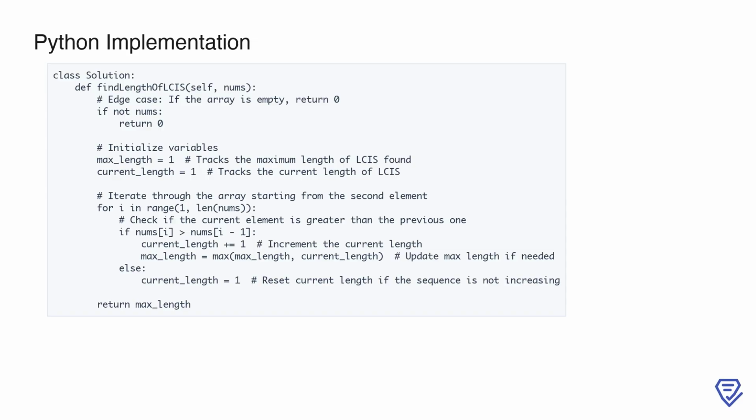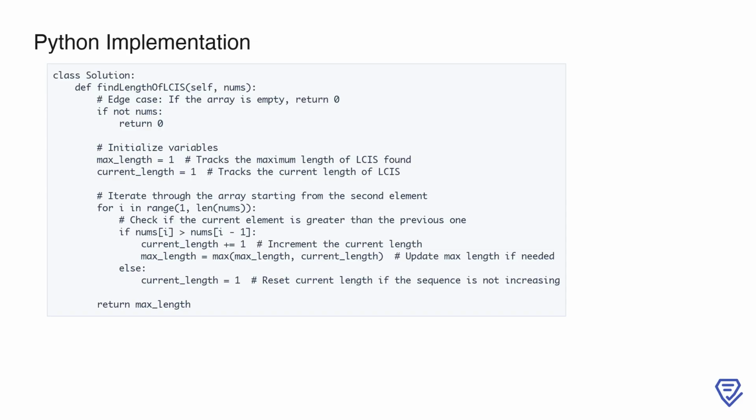2. Initialize variables. max_length is initialized to 1 to track the maximum length of any LCIS found so far. current_length is also initialized to 1 to track the length of the current increasing subsequence as we iterate through the array. 3. Iterate through array. We start from the second element, index 1, and compare each element with the previous one.